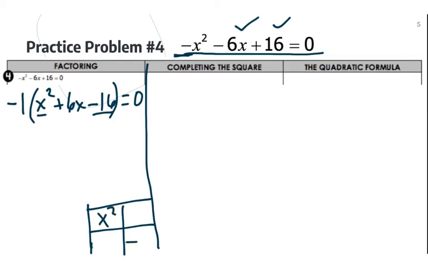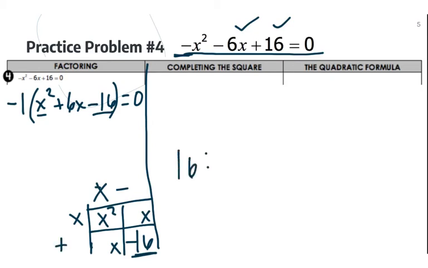Last term goes in the last box. And these two diagonal boxes have got to combine to give me 6. All right, so I know I have x times x. And if I'm multiplying to get a negative 16, I know I've got to have two different signs.